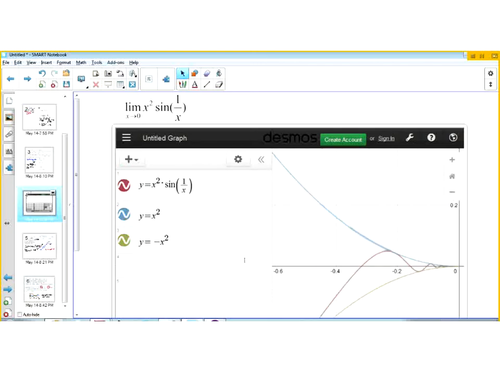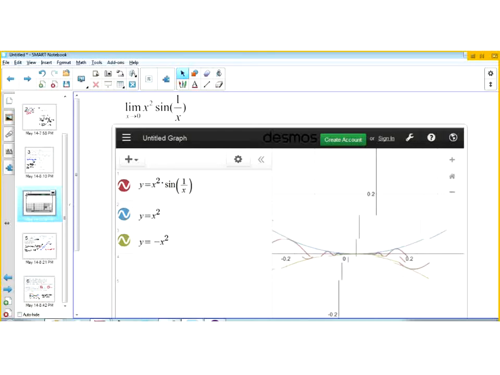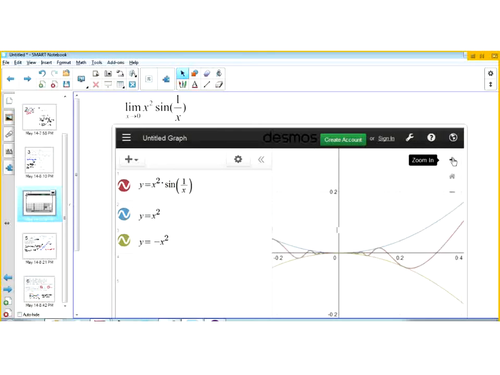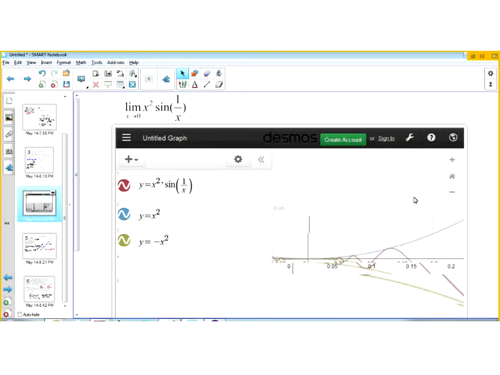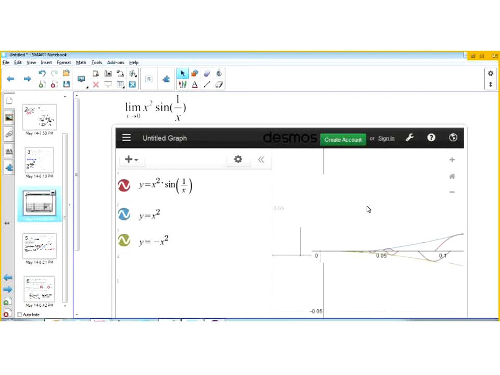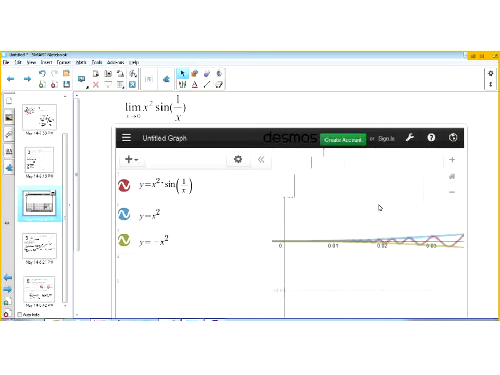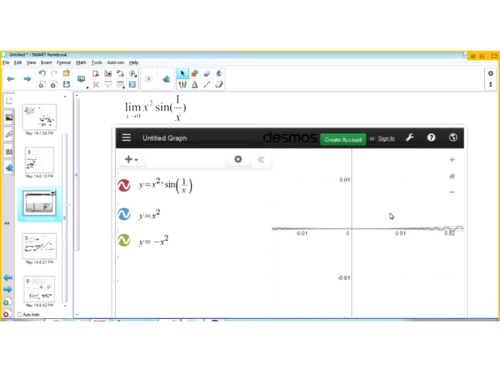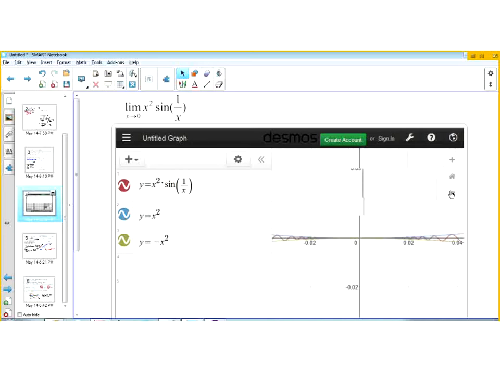This is actually an important concept from trigonometry. Now let's zoom in real close around 0, and then zoom out a bit to get some perspective.